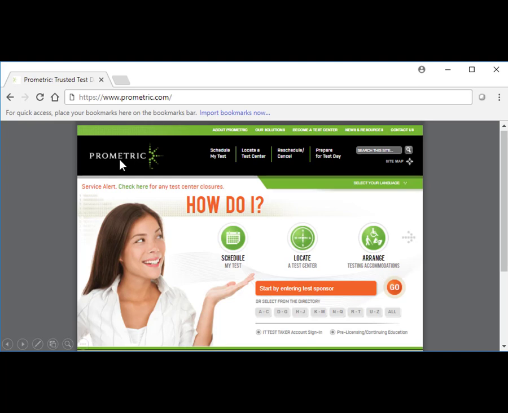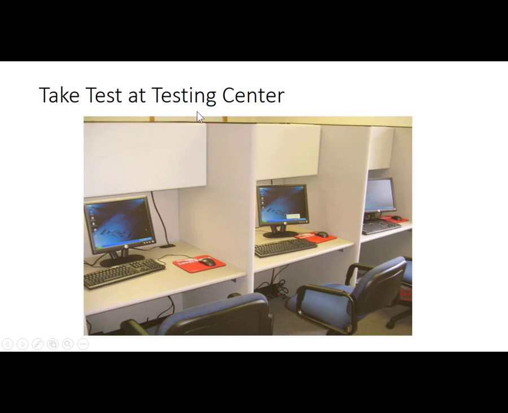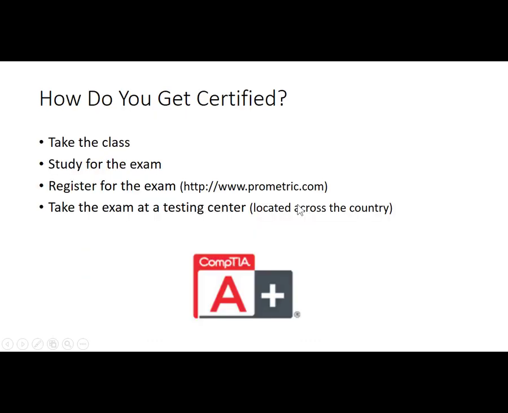They do nursing tests, they do certified public accountant tests, and they do IT tests. So you sign up for the A+ certification exam, give them $200, and on the day of the exam, you show up at their testing center, you take the exam online, and then you find out whether or not you passed the exam and you get your certification. To get certified, take the class, study for the exam, register for the exam, and take the exam at a testing center. And that's the A+ certification.